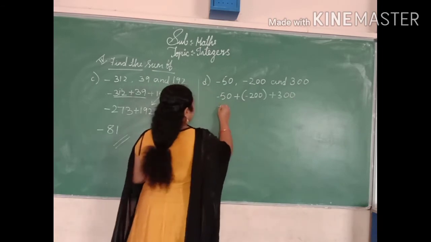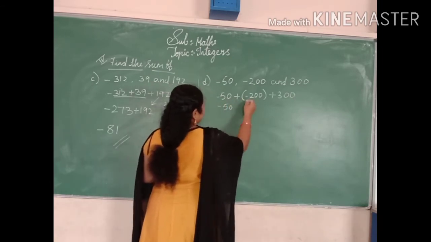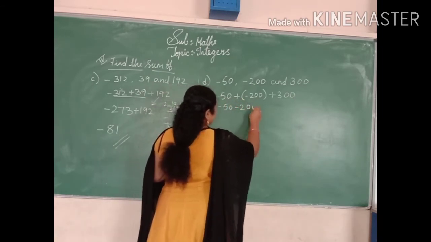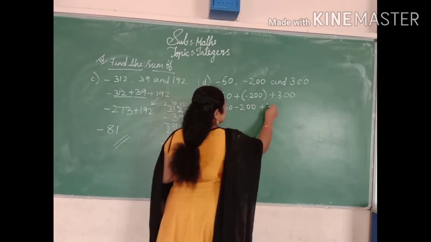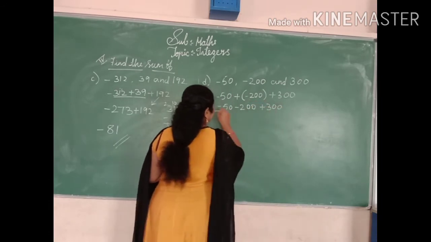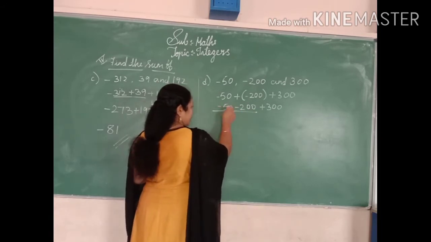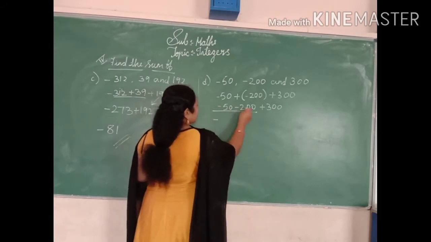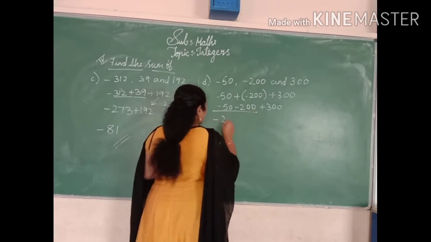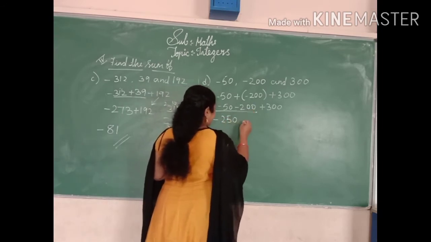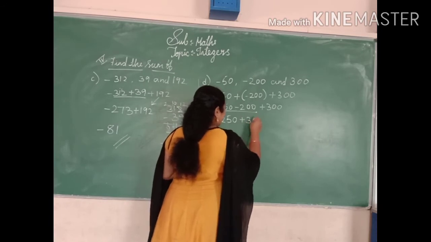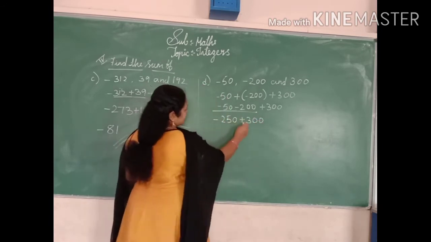So here minus 50 plus into minus is minus 200 plus 300. If you take the first two numbers, they do addition because both are negative numbers. Minus 200 plus 50, 250 plus 300. So here we have opposite symbols, plus into minus.